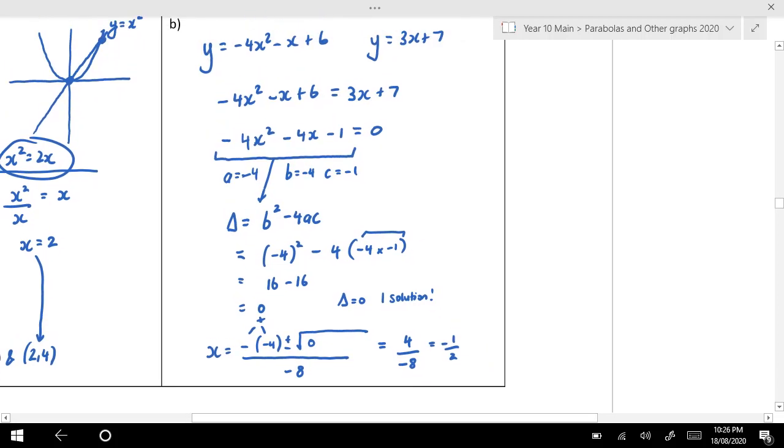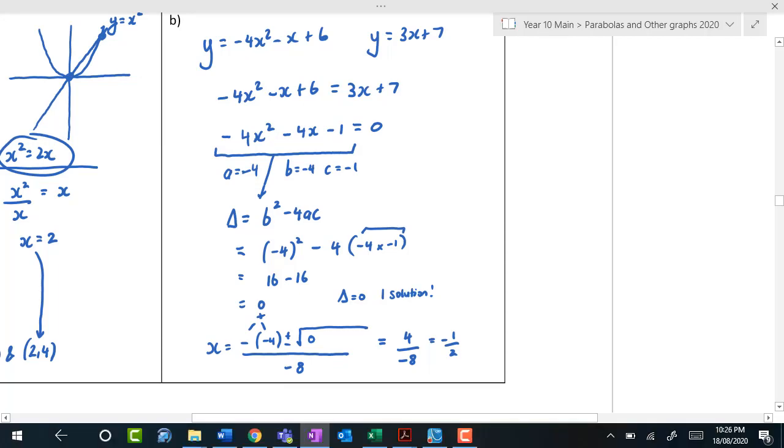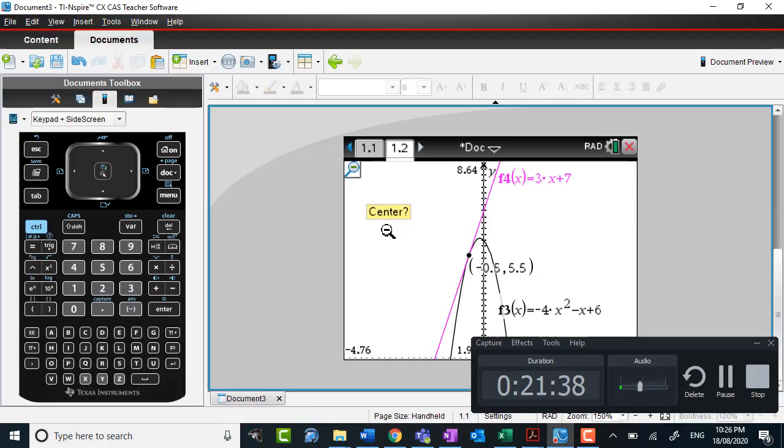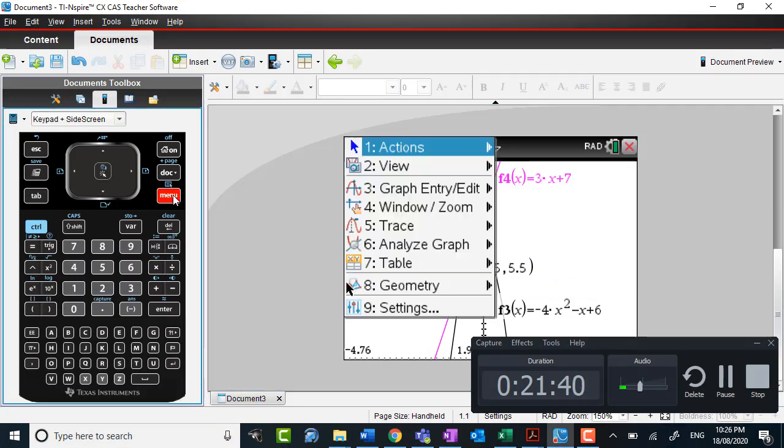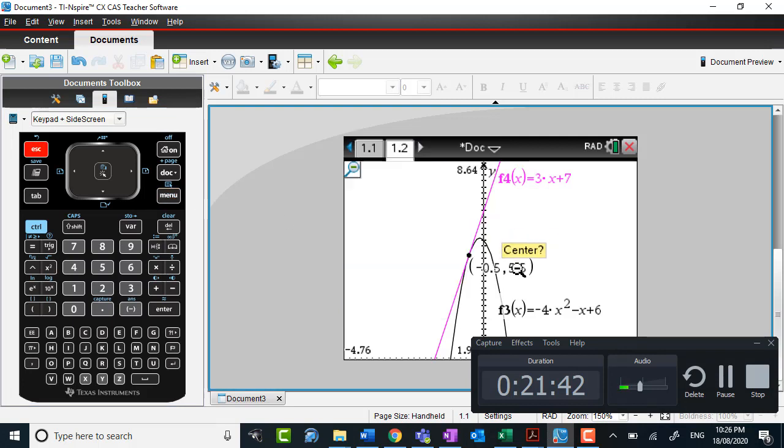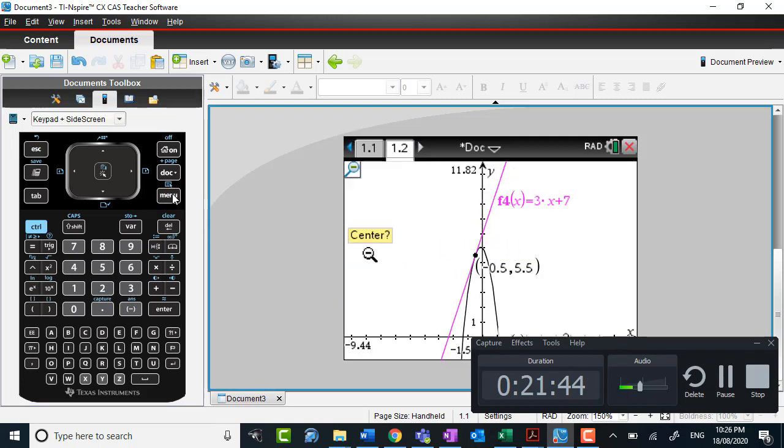You can do that yourself, but if I was to find that and do the intersection, you can see there's my coordinate. There's one intersection, and that's at negative a half, and as it turns out, 5.5, or as a fraction, 11 over 2.